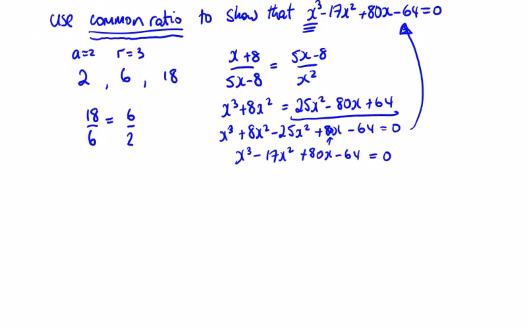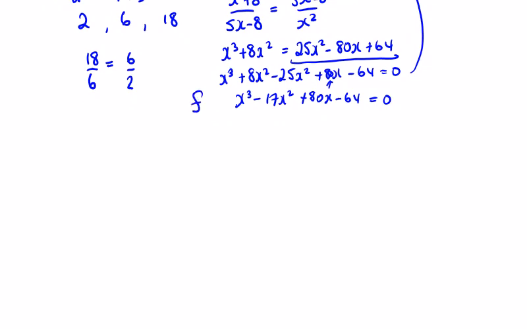In part 2, you're told that if f of x is equal to this, show that f of 1 is equal to 0 and find another solution. So this is our box method division of a cubic. F of 1 is 1 minus 17 plus 80 minus 64, which is going to give me 81 minus 81, which is equal to 0.